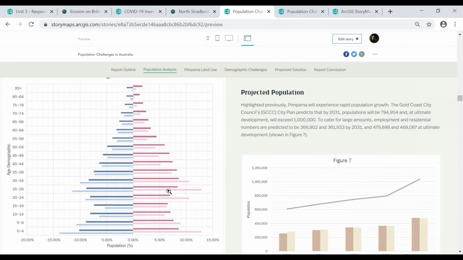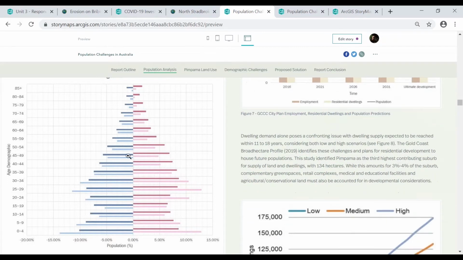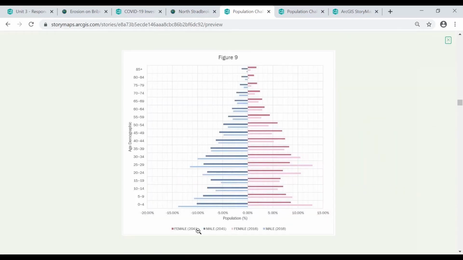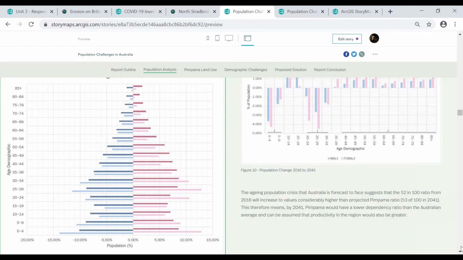I pointed them towards the Queensland Statistician's Office, and he's created a graph from, I think it's 2016 data to, let's have a look here, yes, 2041 predicted data and comparing it to 2016. So again, just so sophisticated in the work that they produce.